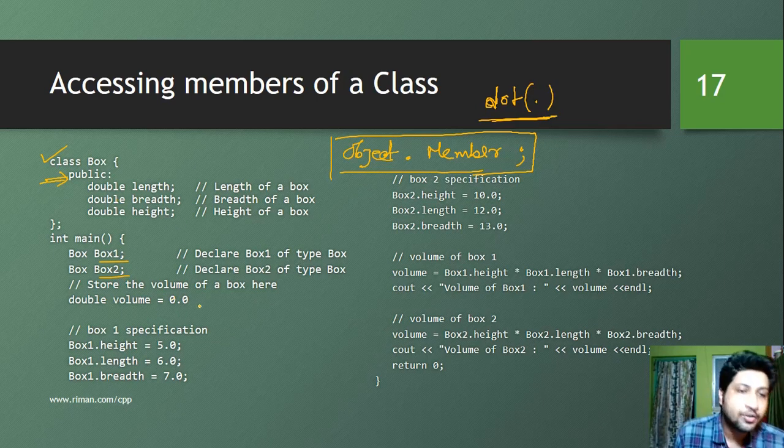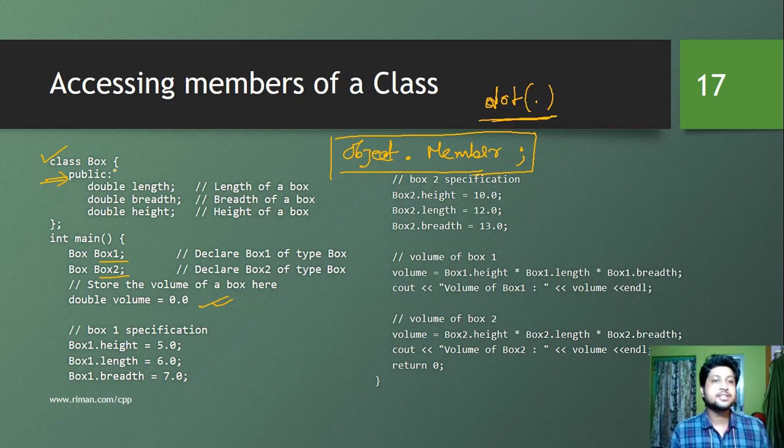We have defined a double variable volume, and we now want to specify all the specifications of box 1. For box 1, we have said box 1 dot height is equal to 5.0, box 1 dot length is equal to 6.0, box 1 dot breadth is equal to 7.0. Somehow it looks like structure operations as well.